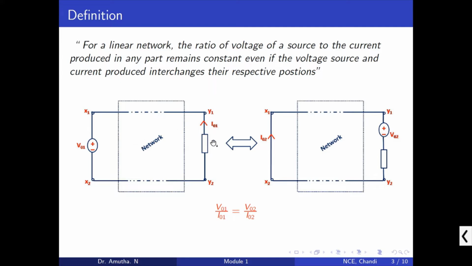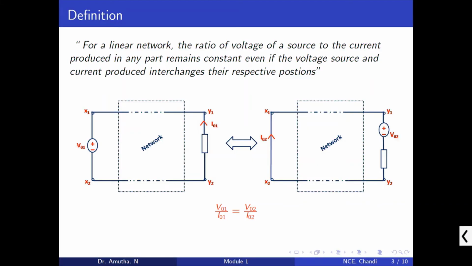We can apply some other voltage also, but we have to apply it at the terminal where we observed the earlier current. Now if you take the ratio V01 divided by I01, it will be equal to V02 divided by I02. So that says that the reciprocity theorem is satisfied.